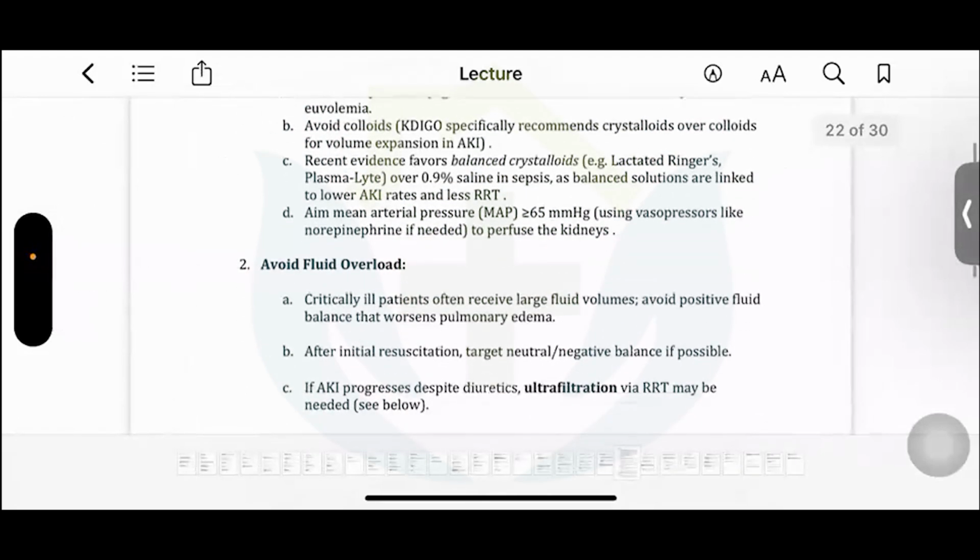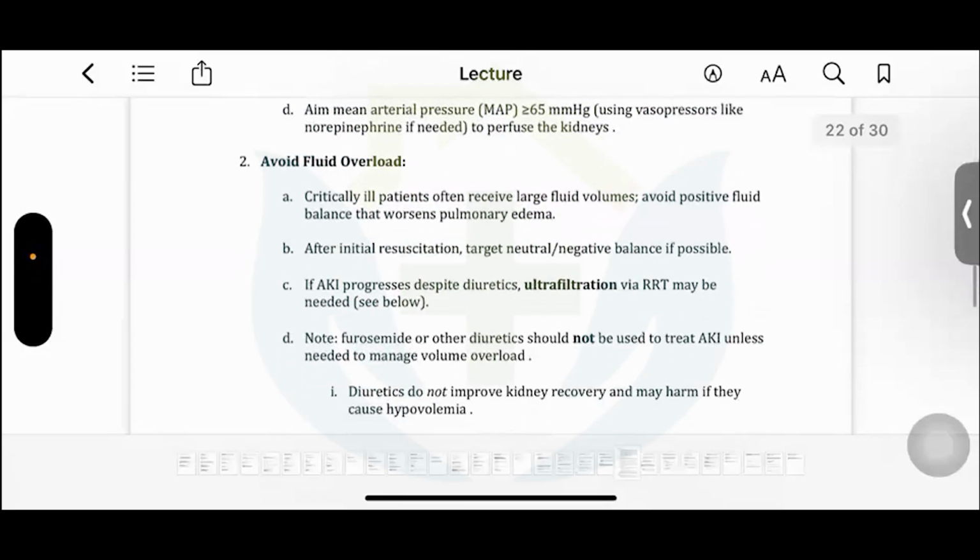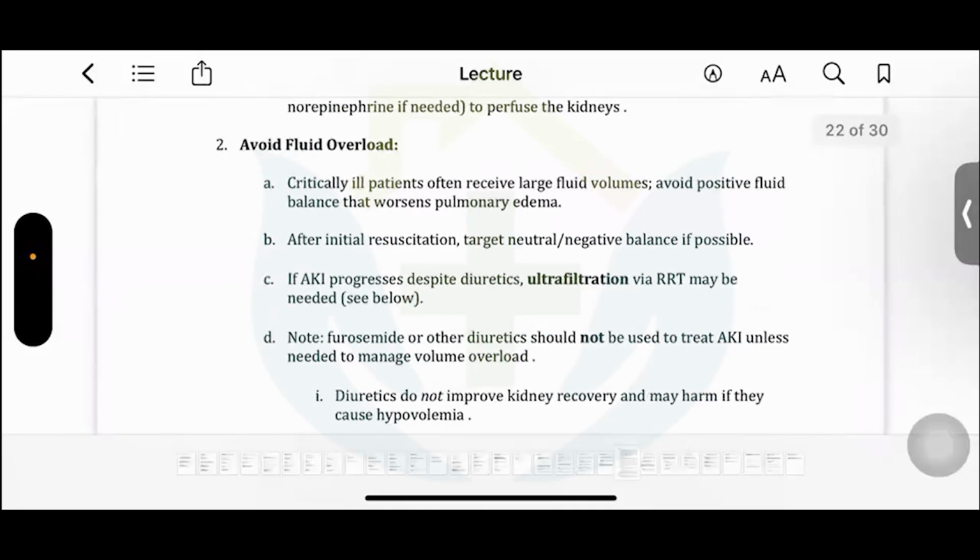Aim for a mean arterial pressure more than 65. So avoid fluid overload. Many times what happens is, considering a patient of renal shutdown, we always first think of pre-renal and we keep loading the patient with fluids. So avoid fluid overload in these patients. And after initial resuscitation, target either neutral or negative balance if possible.